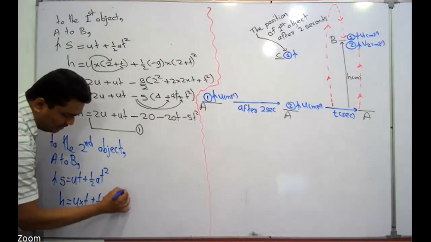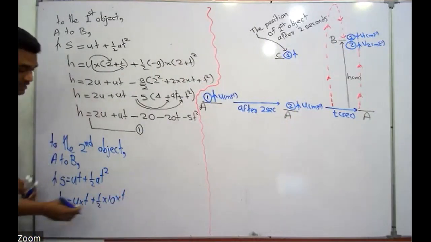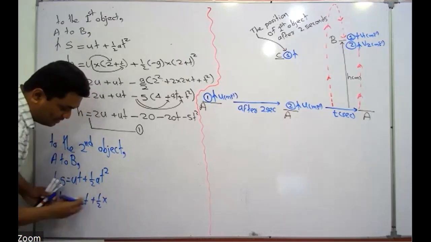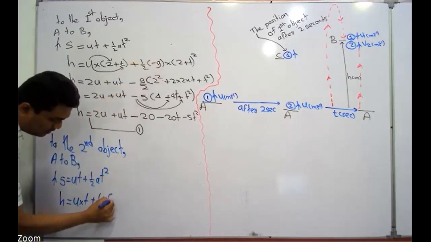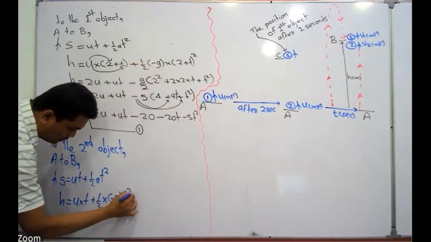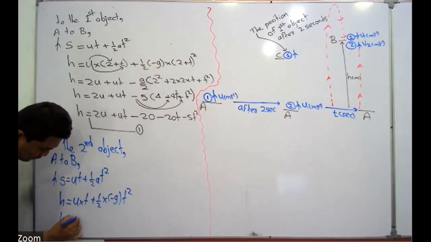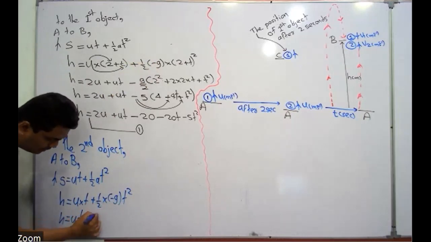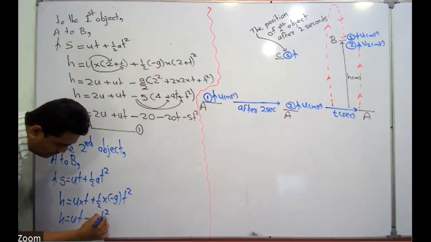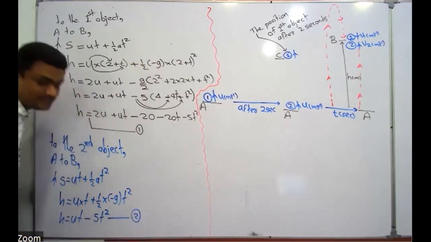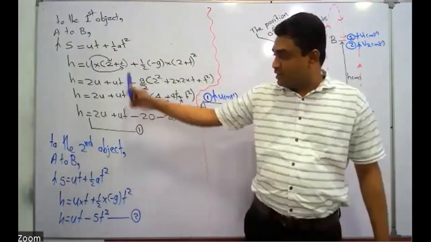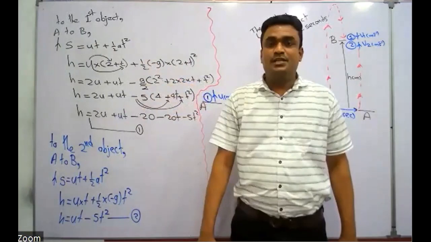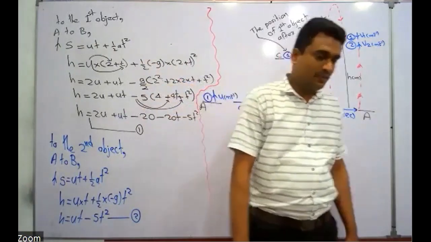Acceleration is moving upwards, so it should be minus g, and time is t square. So h equals ut minus 10 divided by 2, which is 5t square. Mark this as the second equation. Now we have obtained the displacements of the objects when they meet.